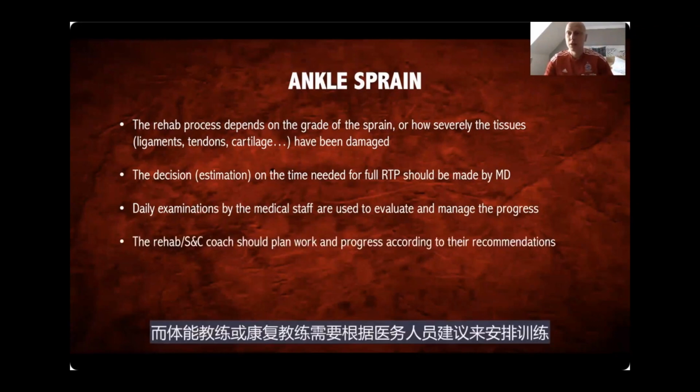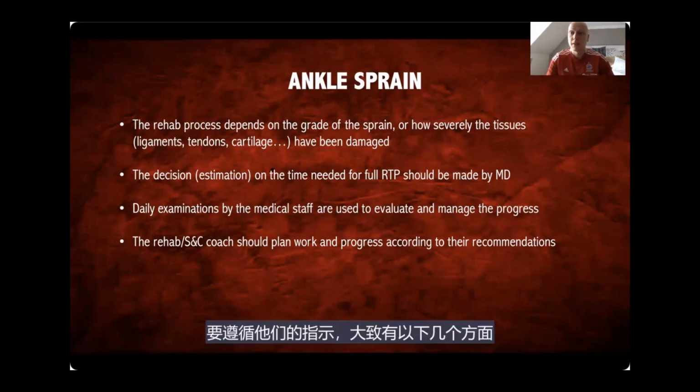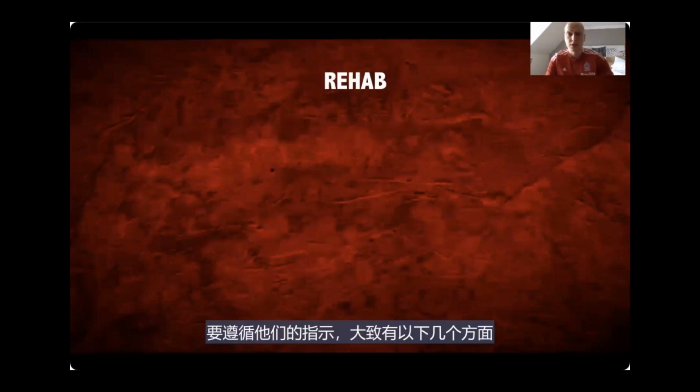Now, if we have a strength and conditioning coach or a rehab specialist who works on the rehab process, we should plan our work according to the recommendations of medical staff, and in that sense, follow their instructions.